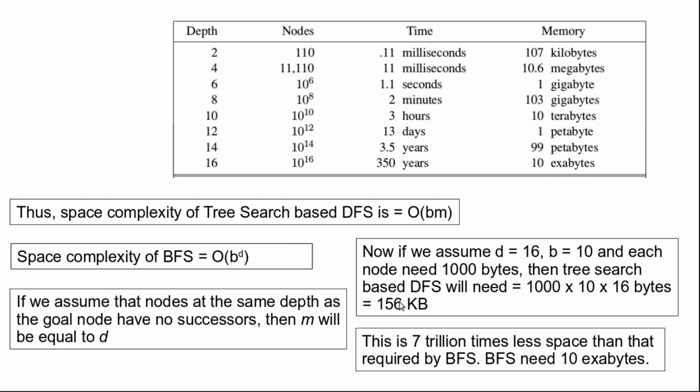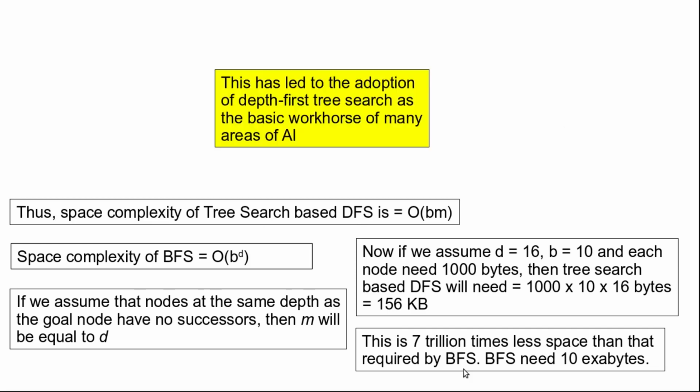However, for DFS we need only 156 kilobytes. This is 7 trillion times less space than required by BFS. So as we compare the tree search based DFS with BFS, we see that in terms of space complexity, tree search based DFS is many times better than BFS.